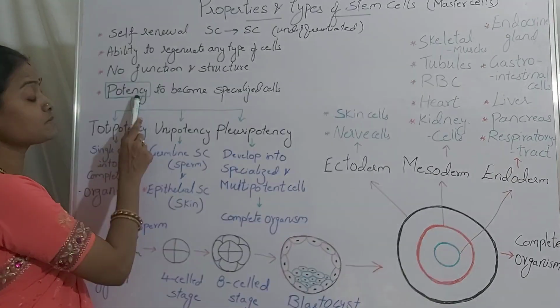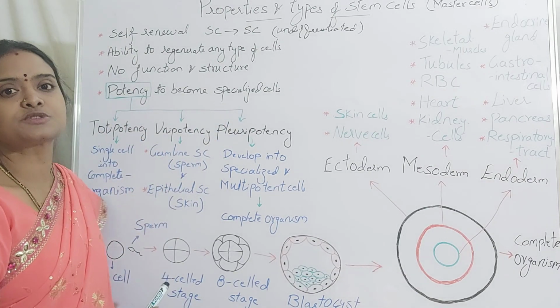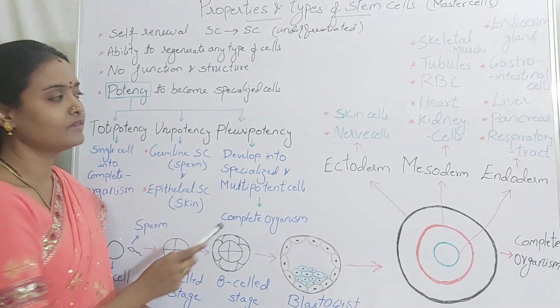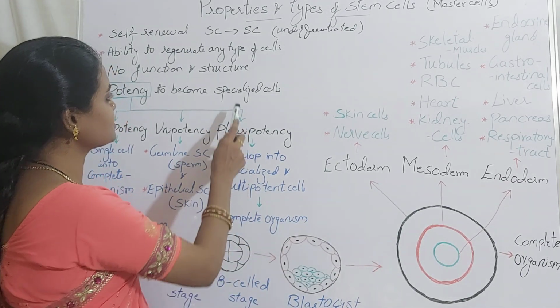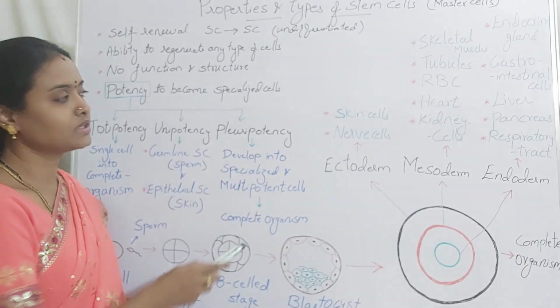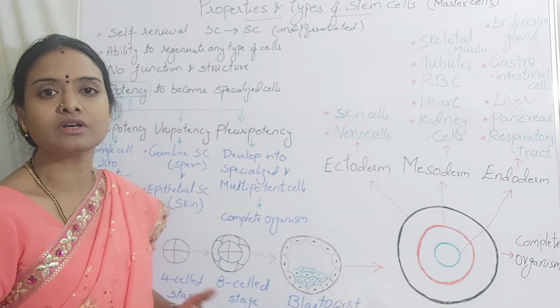So these stem cells have the ability to get transformed into specialized cells. What do you mean by specialized cells? Those which have a certain or specific function. Right? When the specialized cells are formed, these cells form the tissues and the specific organs.